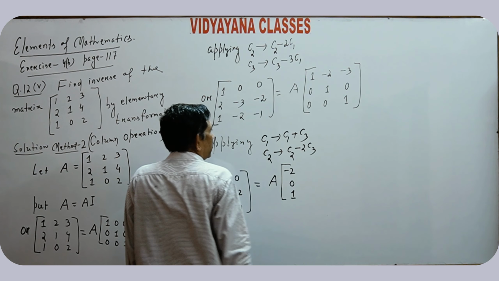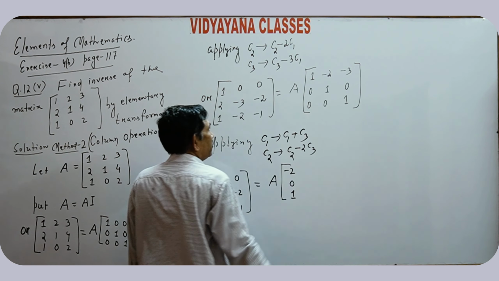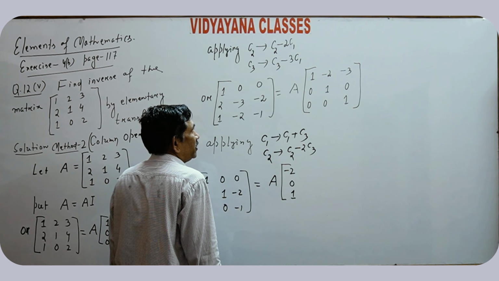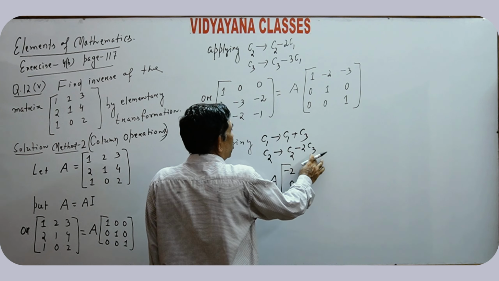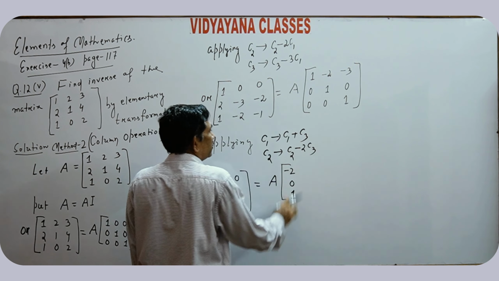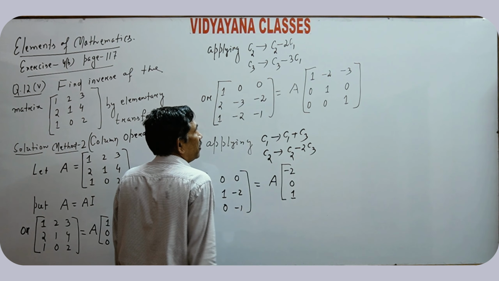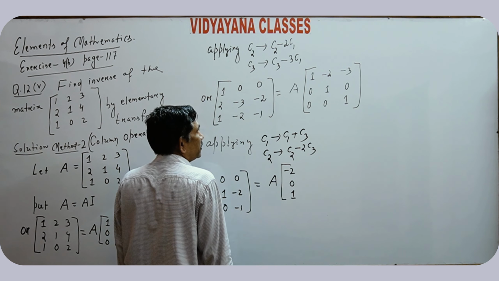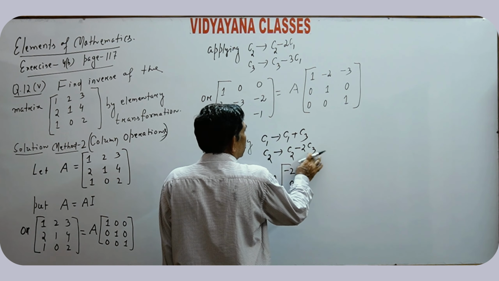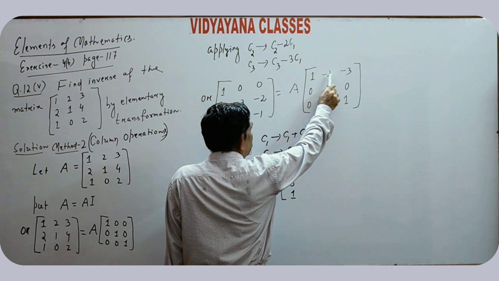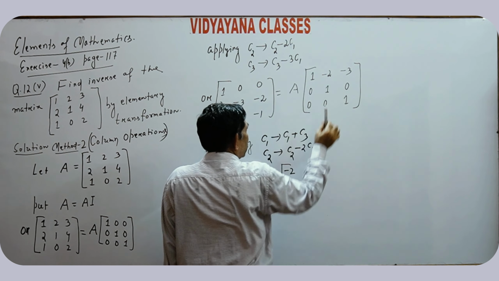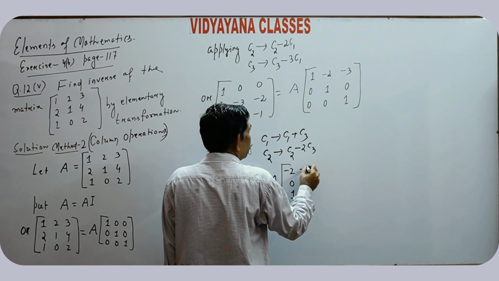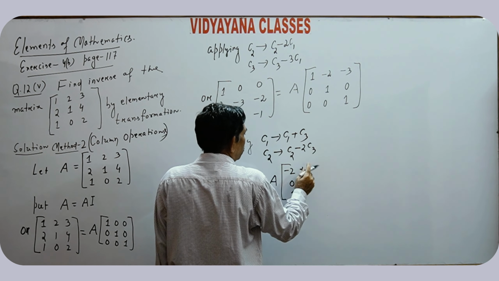C2 is replaced by C2 minus 2 times of C3, that is equal to 5 minus 2 plus... 6 minus 2 times minus 2 times, that is 6, minus 2 minus 6, that is minus 4, plus 4.